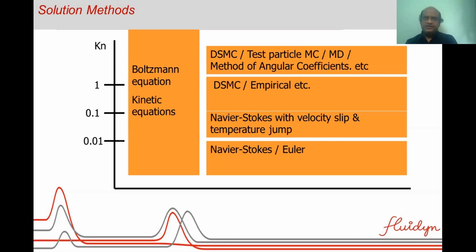As the Knudsen number increases slightly, the Navier-Stokes equations can be modified with some velocity slip conditions or temperature jump conditions, because the no slip conditions will no longer be valid, because there are not a sufficient number of molecules to assume that there is a continuity in the velocity or the temperature between the wall, between the structure and the fluid.